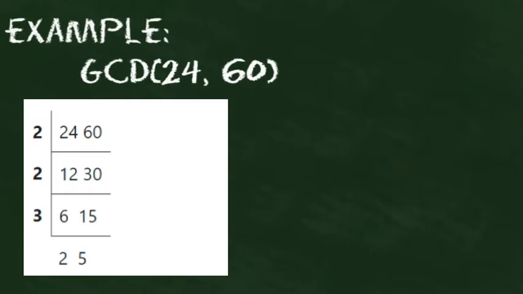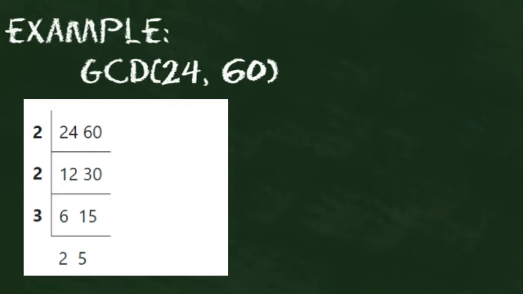So for 12 and 30, 2 is also the smallest prime number that can divide them both. 12 divided by 2 is 6, while 30 divided by 2 is 15. For 6 and 15, the smallest prime number that can divide them is 3, which results in 6 divided by 3 is 2, and 15 divided by 3 is 5.